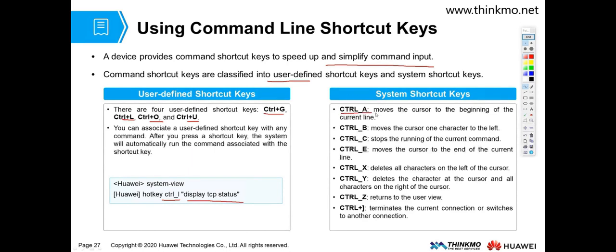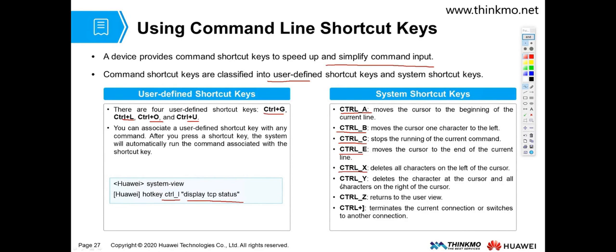What system shortcut keys are there besides? First, there's Ctrl plus A, which moves the cursor to the beginning of the current line. Ctrl plus B moves the cursor 1 character to the left. Ctrl plus C is used to stop the current command. Ctrl plus E moves the cursor to the end of the current line. Ctrl plus X deletes all characters to the left of the cursor, essentially canceling everything.